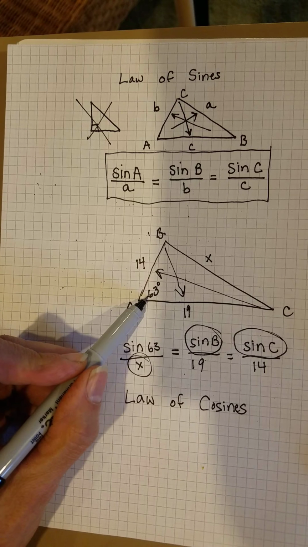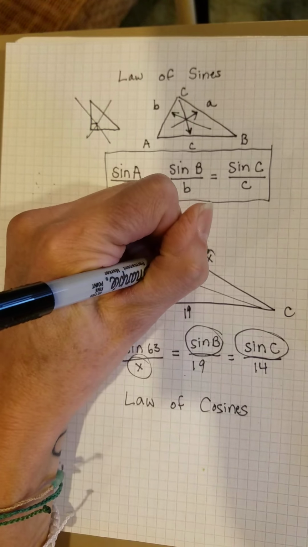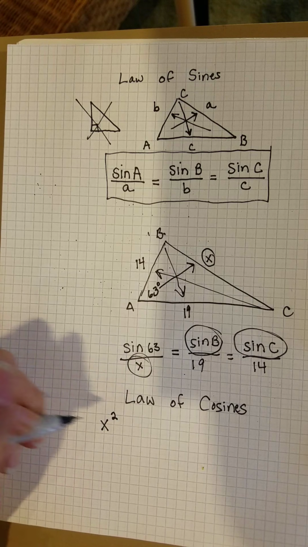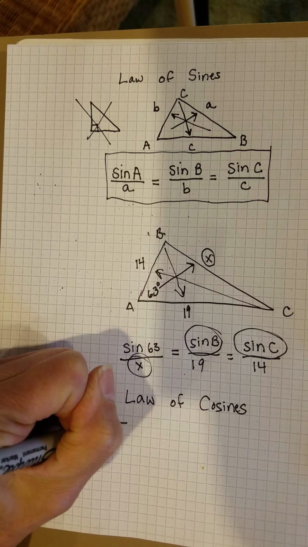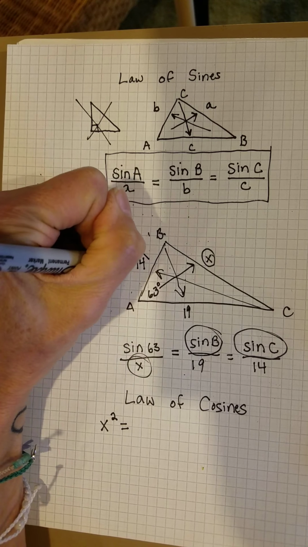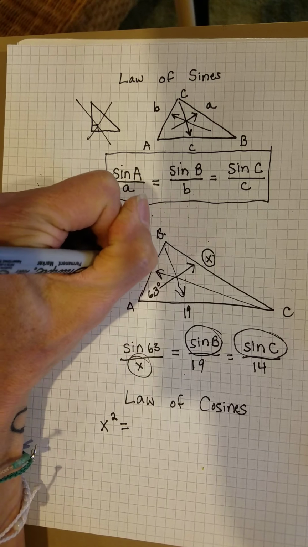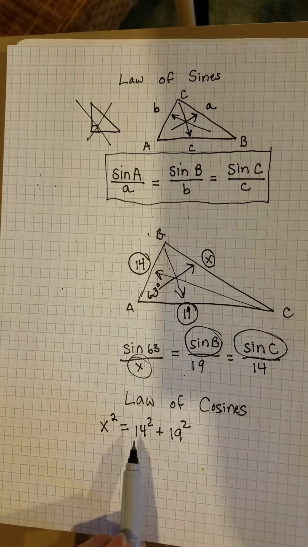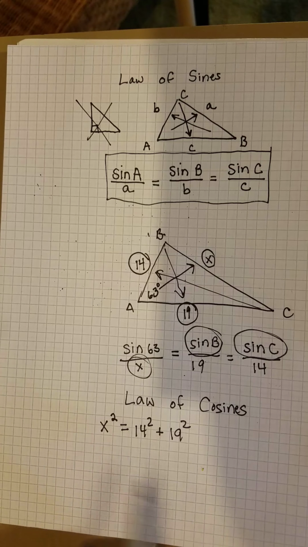So the law of cosines goes, the side across from the angle we're given, that's x, if I square that, that's equal to the other two sides squared and added together. So far it looks like the Pythagorean theorem, right?